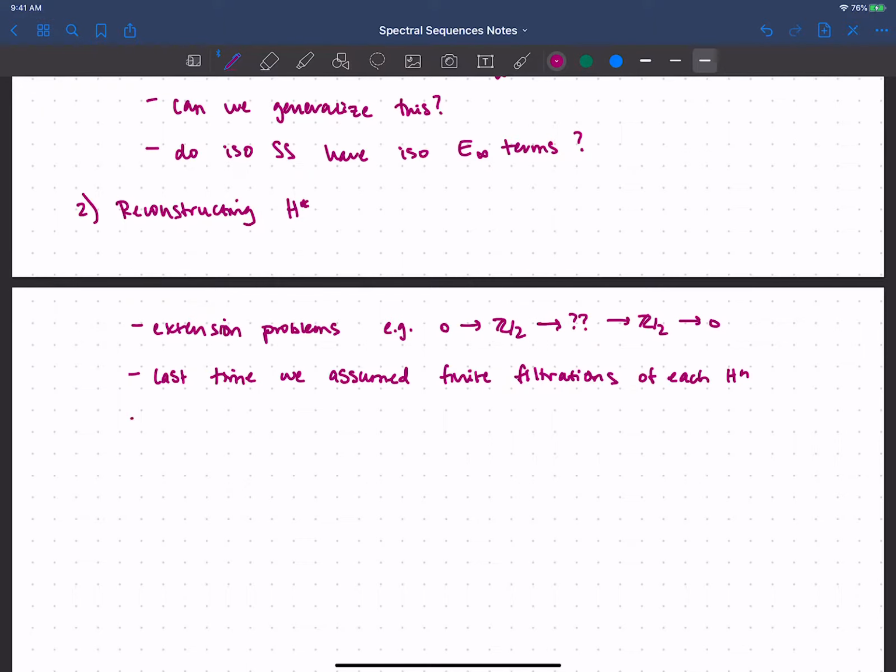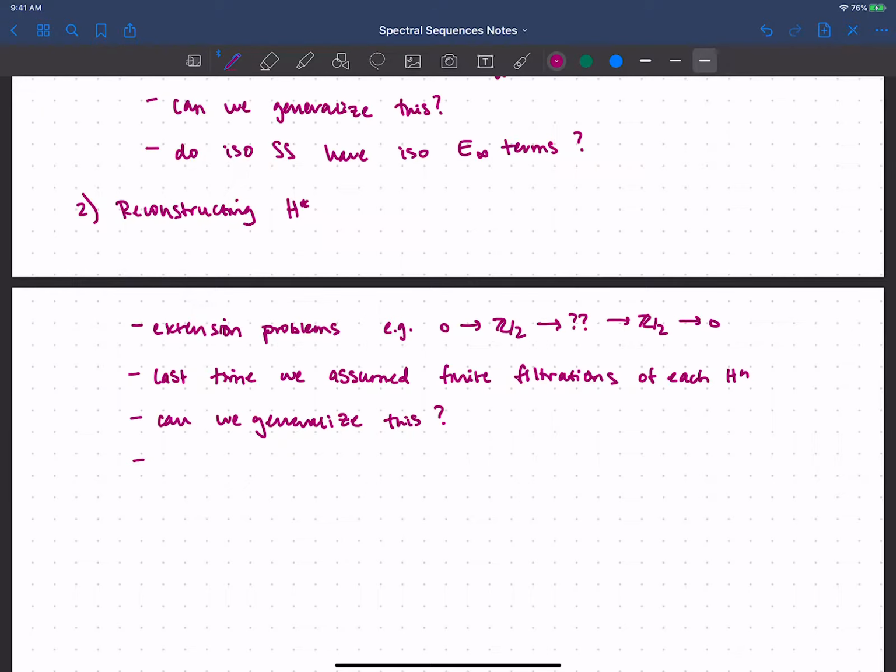And the next question is, of course, can we generalize this? We may not always have finite filtrations. In fact, we want to be able to deal with a space that doesn't have a finite filtration. We want to be able to deal with spectra where we certainly might not end up with a finite filtration. So things could be quite complicated.